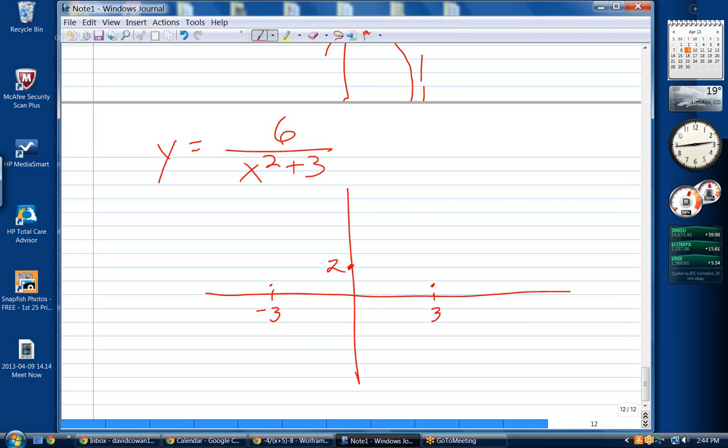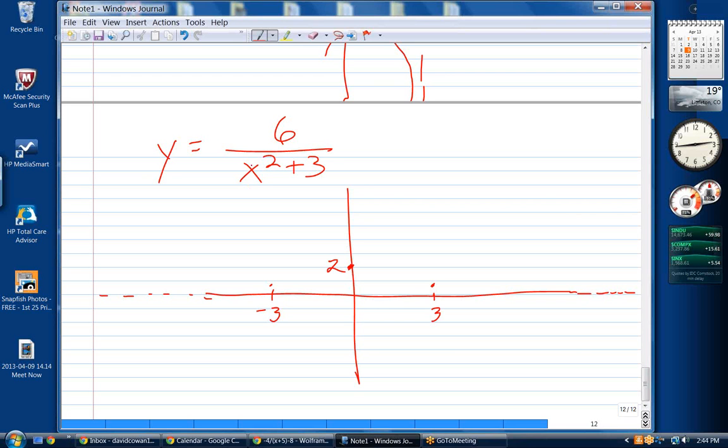What is y? There is a horizontal asymptote here. Y equals 0 because there's no variable in the numerator, and there's a variable in the denominator. Whenever you get that, you have a horizontal asymptote of 0.